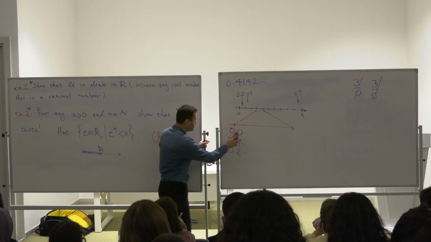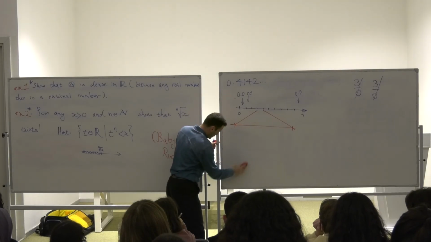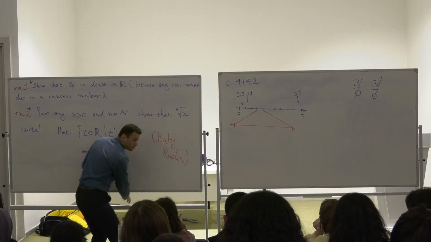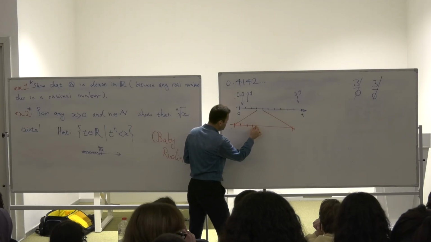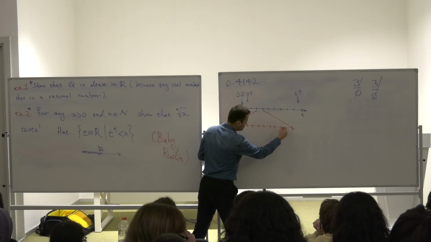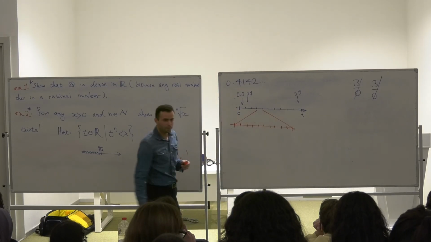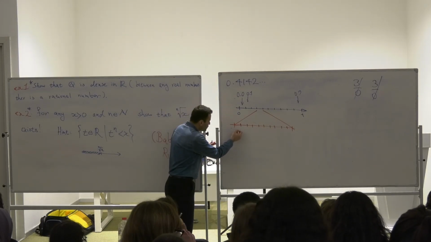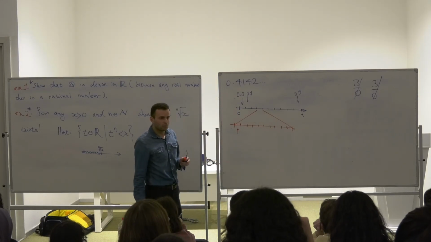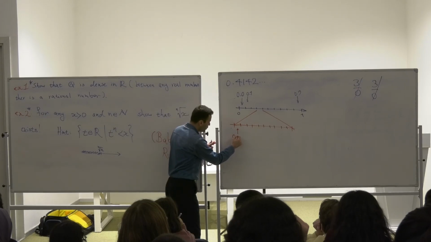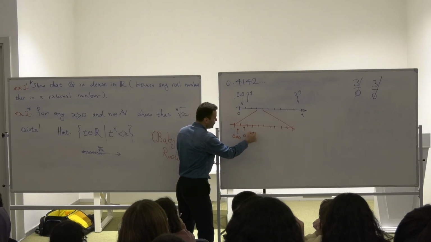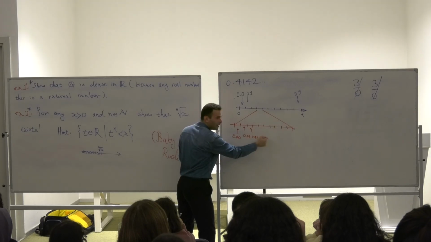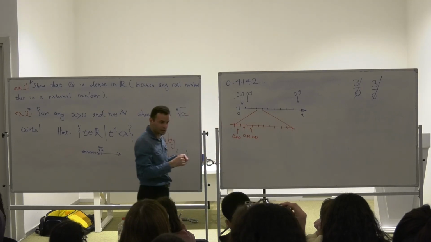Again, I'm going to chop this into 10 pieces. 2, 3, 4, 5, 6, 7, 8, 9, I think, okay? What are the addresses of these homes? Yes, 0.40. What about these things? 0.41. What about this? 0.42. And the rest follows, right? So it is clear what's happening here.